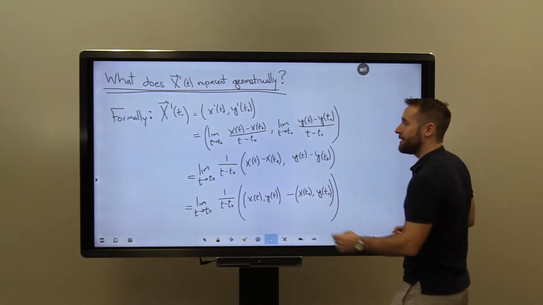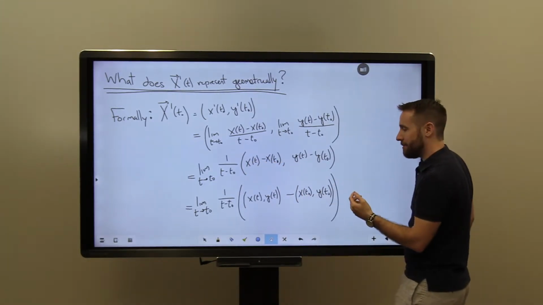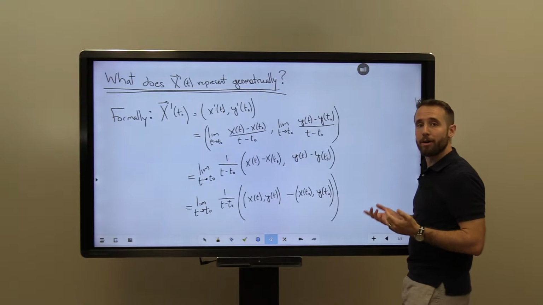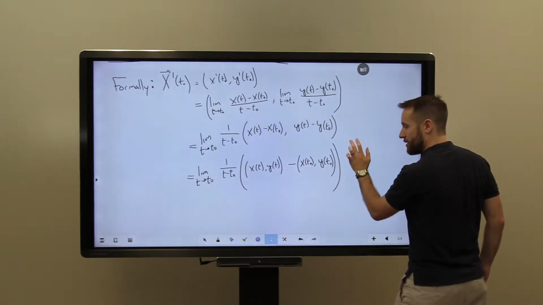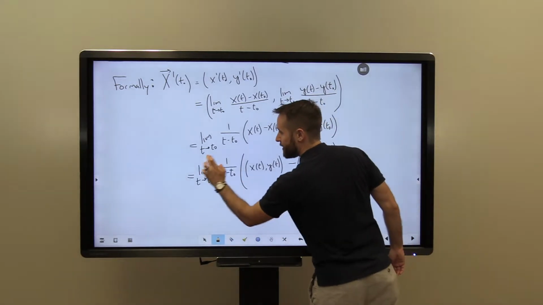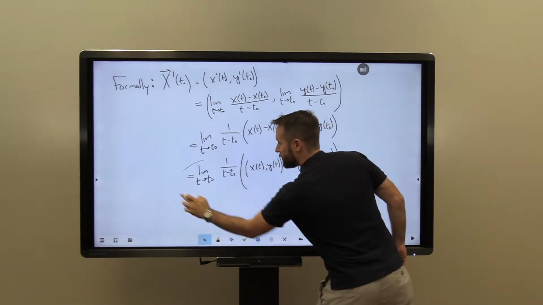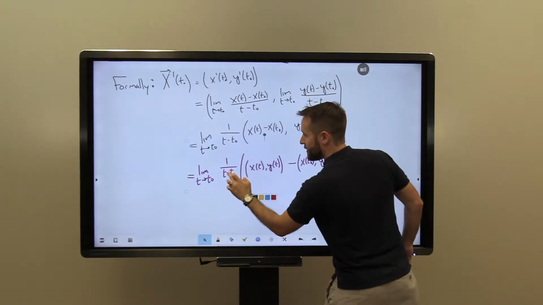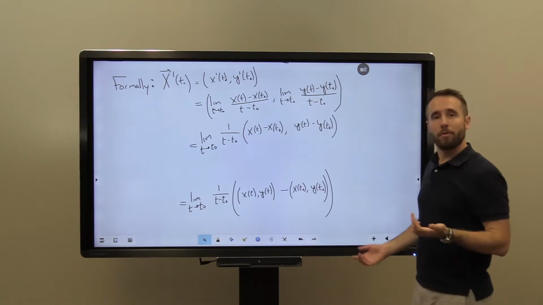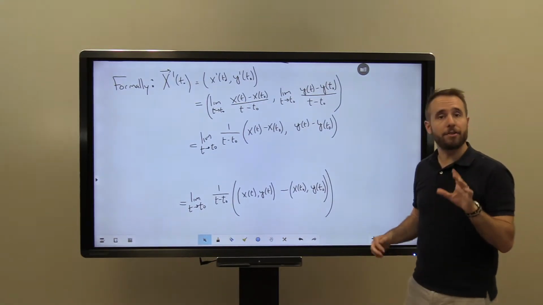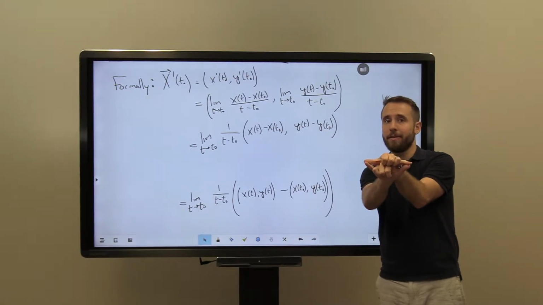And then finally, this x of t minus x of t naught, comma y of t minus y of t naught, I can break that up using my rules of vector addition. To be just a little bit more careful about this piece, as a reminder, with vector addition, I can take two different vectors and add them together to get a single vector.